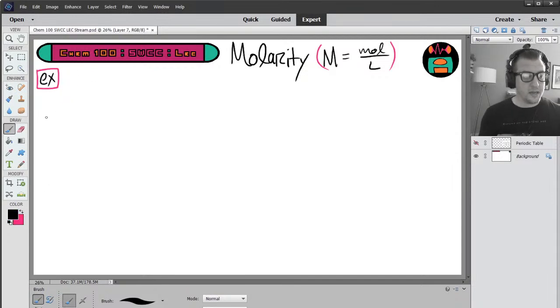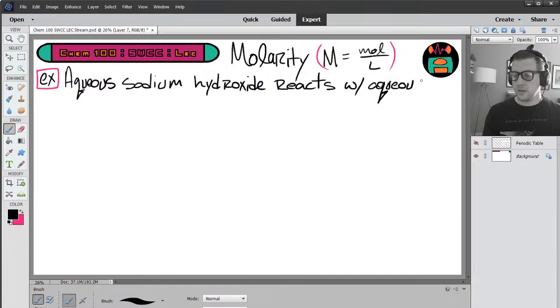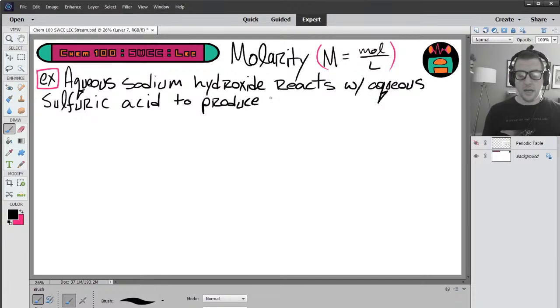Aqueous sodium hydroxide reacts with aqueous sulfuric acid to produce water and aqueous sodium sulfate.